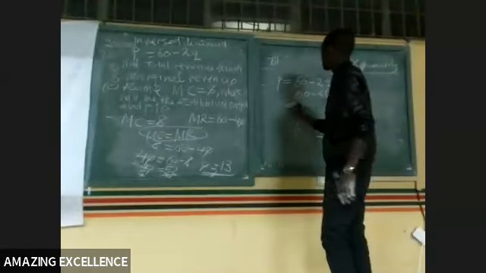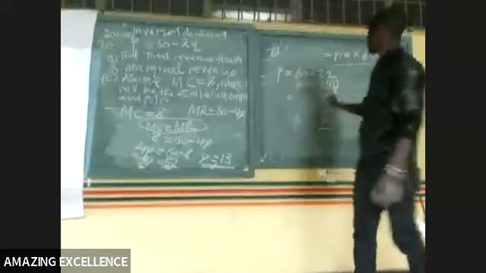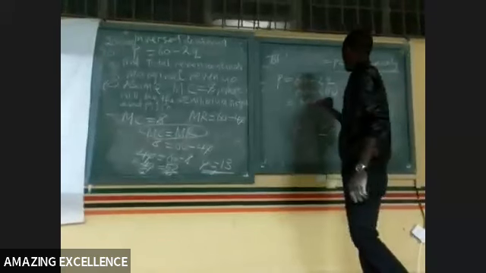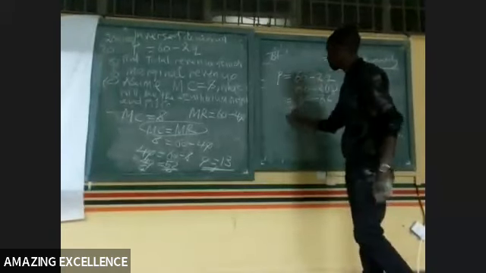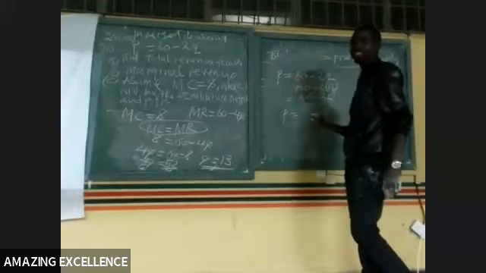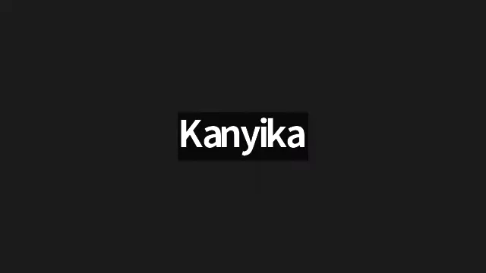What is the equilibrium price? 60 minus 26. What is 60 minus 26 as the equilibrium price? 34, right? Okay. So that is your equilibrium price. You don't even stress it.